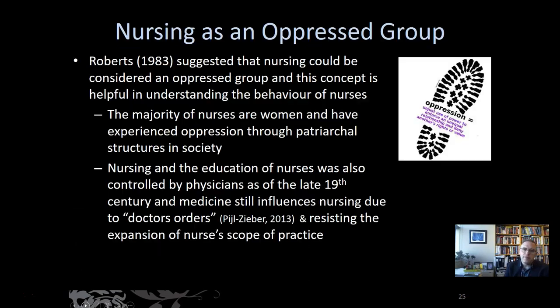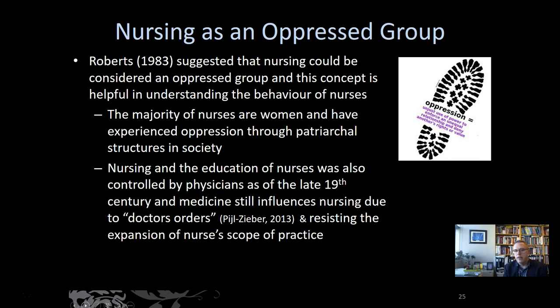So there's been some scholarship in the area of gender and nursing that's been discussed particularly since the 1980s, where Roberts suggested that nursing could be considered an oppressed group. And this concept is helpful in understanding the behavior of nurses.